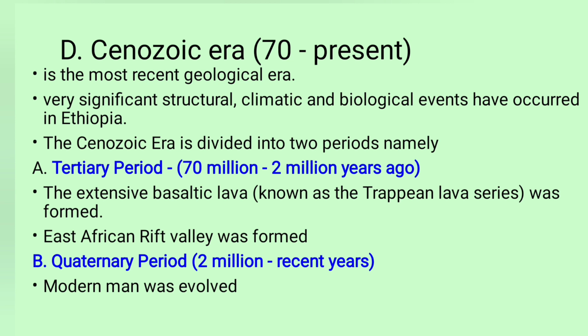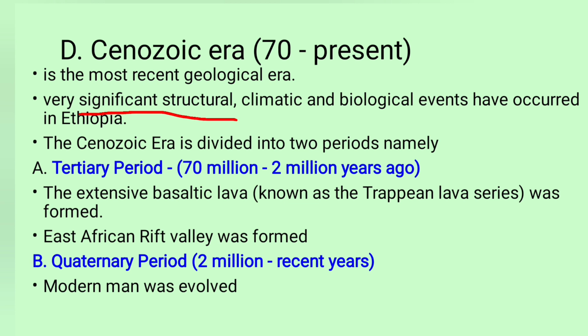The fourth and most recent era is the Cenozoic era, which covers from 70 million years ago to the present. This era is known for the most recent geological events. Very significant structural, climatic and biological events have occurred in Ethiopia. The Cenozoic era is divided into two periods, namely the Tertiary period and the Quaternary period.